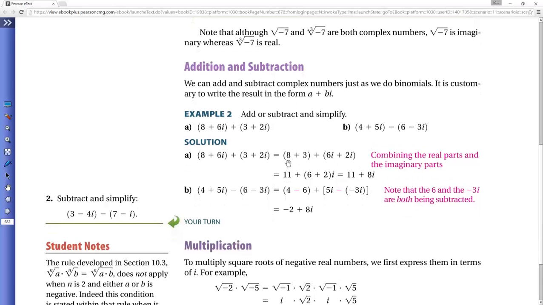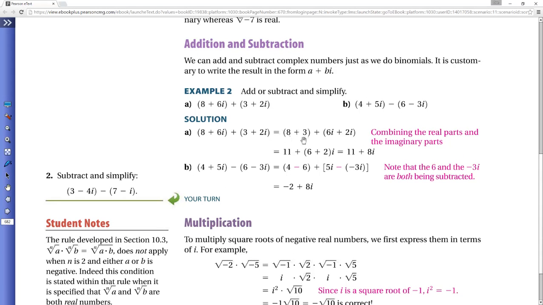So they group the real portions of this complex number together and the imaginary parts of that. Probably why they bring up that pure imaginary, right? So here are the pure imaginaries, and here are just real numbers. Now I can add these as 11 plus, with the distributive property, I can say I have a common factor of i, so I can factor that out and end up with 8i.